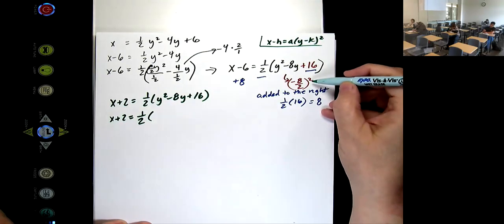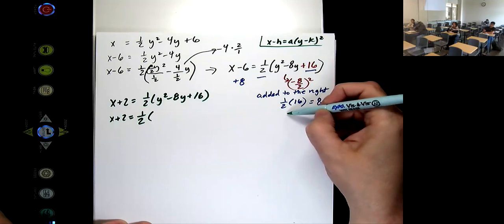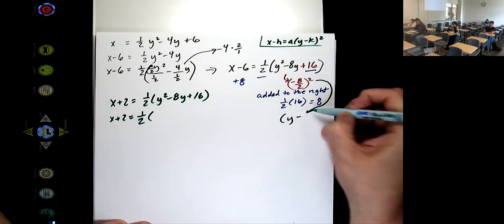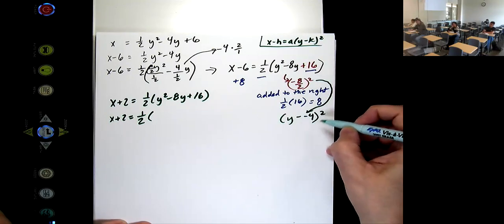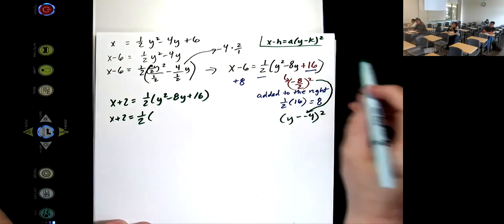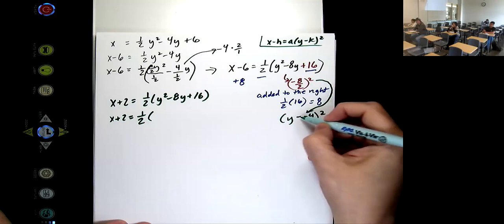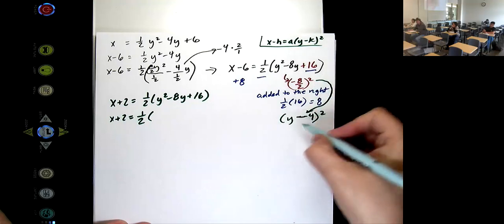If you remember how we completed the square, this is what we dropped into the parentheses. -4. So this ends up being y plus 4s. No, it's got to be minus. There's no way to get that the other way. Yeah, that just comes straight down.